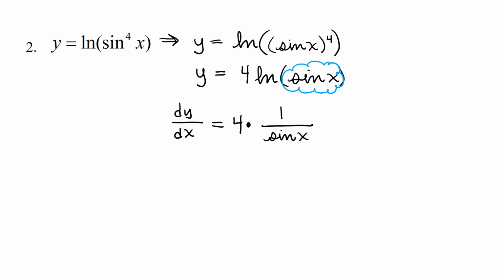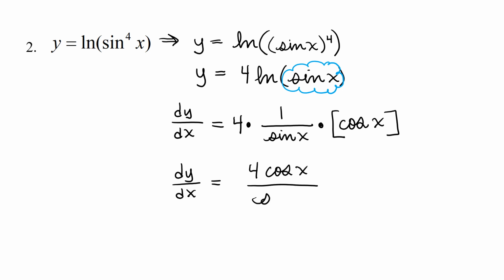That's the derivative of that natural log of something, times the derivative of what was inside our logarithmic function, which is sine of x. The derivative of sine of x is cosine of x. So dy dx is equal to 4 cosine x over sine of x, which is equal to 4 cotangent x.